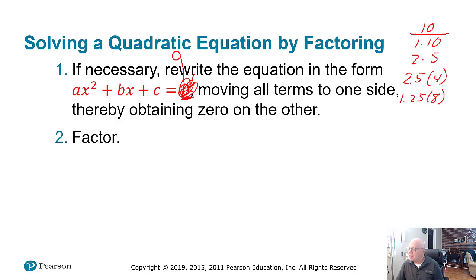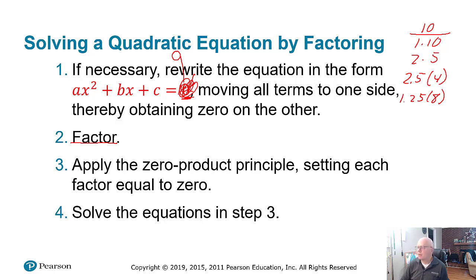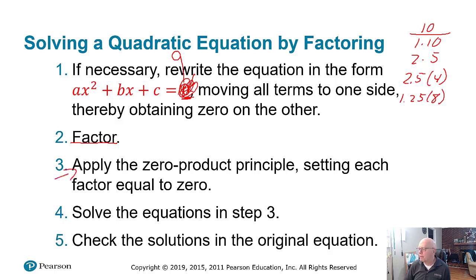So once you've got that 0, next thing you want to do is factor. Once you've got it factored, use the zero product principle, setting each of the factors equal to 0. And you'll see an example coming up right here. Solve the equations that you get from this, and then check them in the original equation.